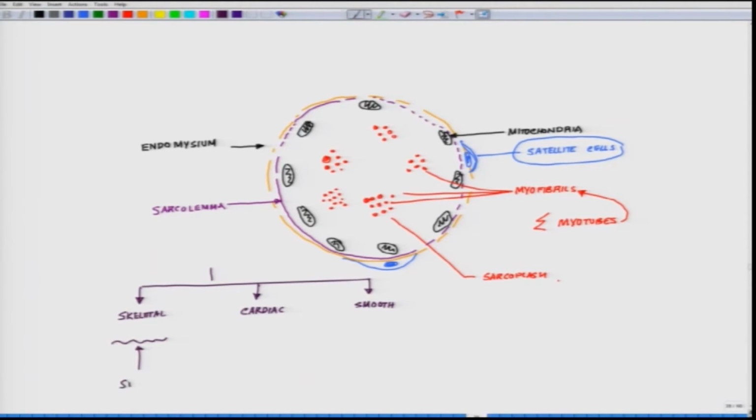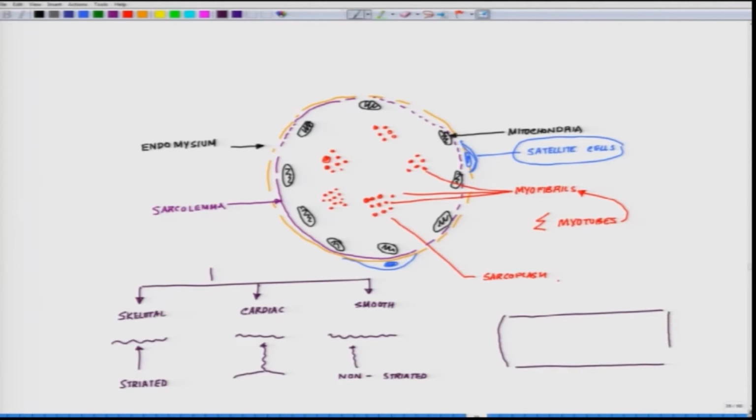Skeletal muscles are striated muscle, and smooth are non-striated muscles, and of course, cardiac is somewhere in between. This classification is based purely on microscopic observations. This whole pattern of striations, and what I really meant by striations, if you take a section of the skeletal muscle, this is how it will look.